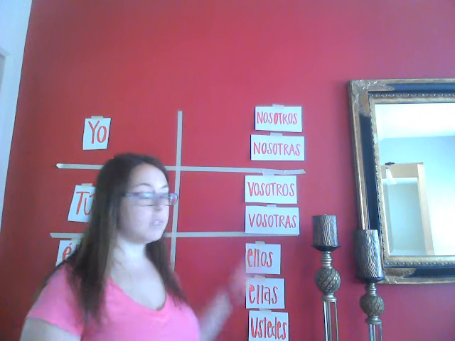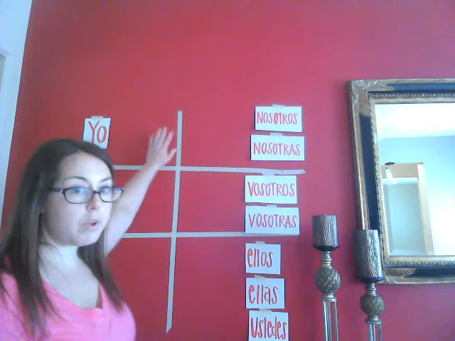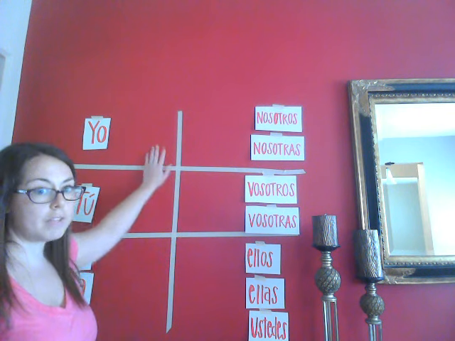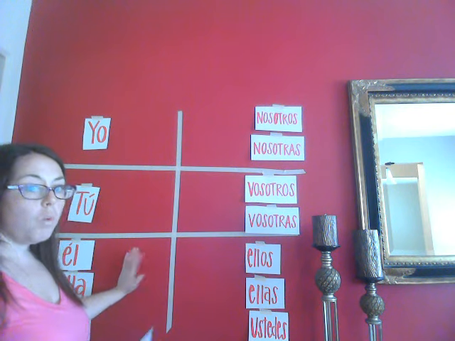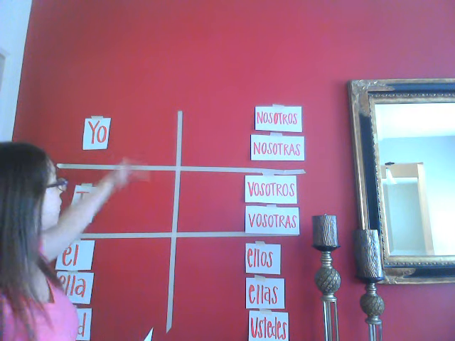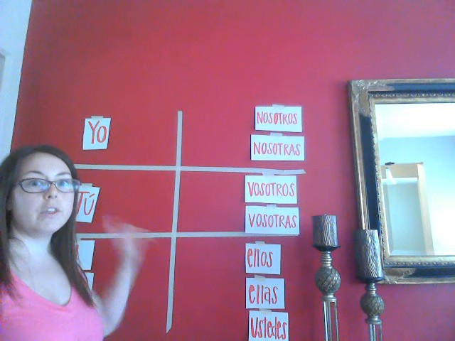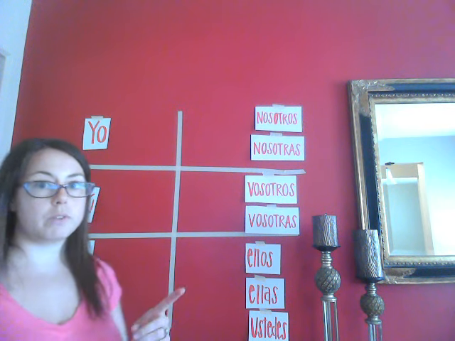Okay, so the thing that makes it easiest to remember information about the chart: first of all, each section has something in common. Okay, let's start with the left-hand side of the chart. One thing that you may have already noticed is that all of the things that we talk about on this half of the chart are singular. They're about one person and one person only.